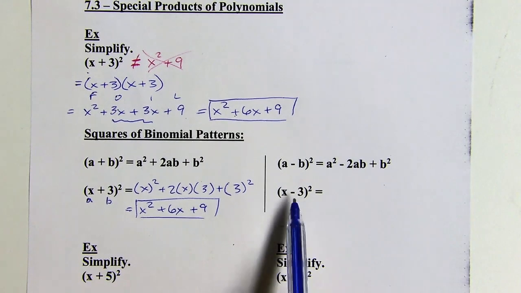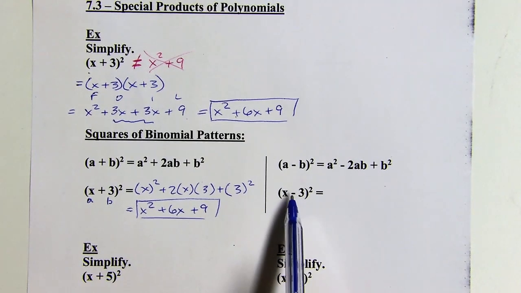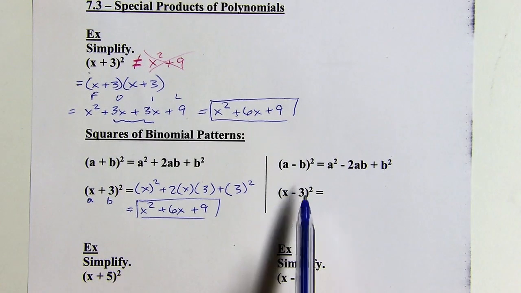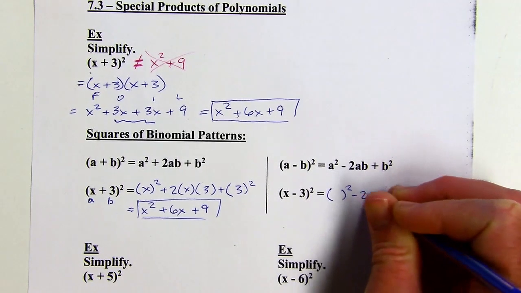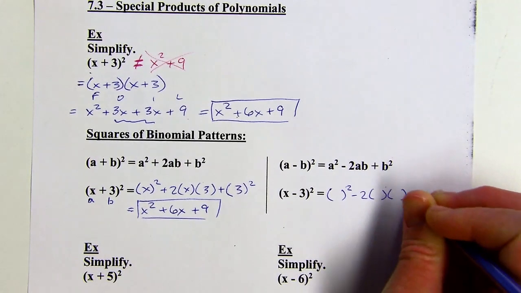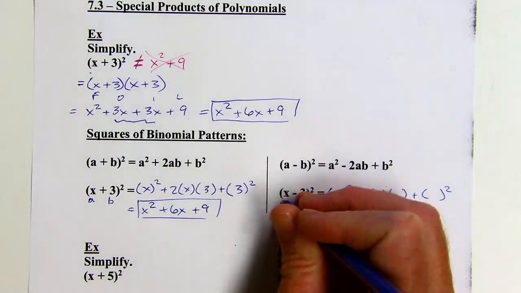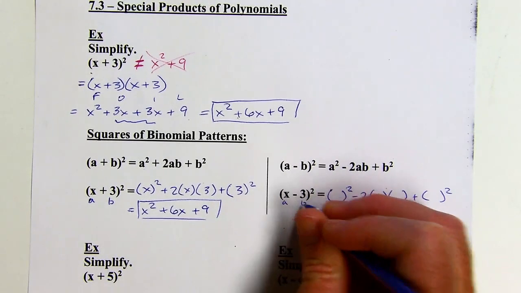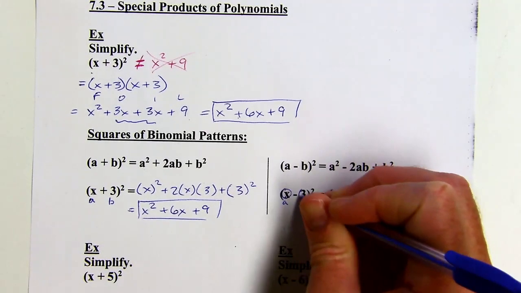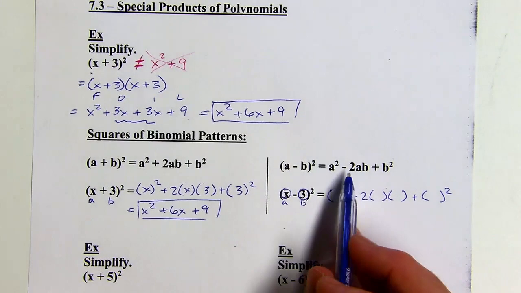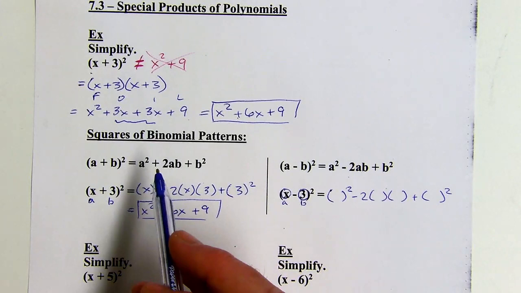Okay, when you're subtracting the second term from the first one, it's a slightly different pattern, but it's very similar. So we're going to have a squared minus 2ab plus b squared. Okay, so here my a is x and my b is going to be positive 3. Okay, so this is the a and this is the b. The negative just tells me that I'm using this formula as opposed to that one.